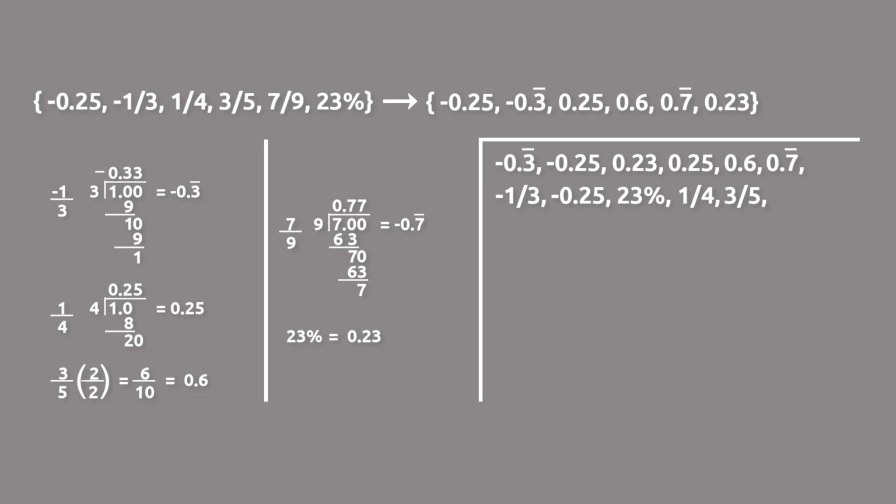So we'll replace the 0.7 repeating with 7/9. So from least to greatest, we have negative 1/3, negative 25/100ths, 23%, 1/4, 3/5, and 7/9.